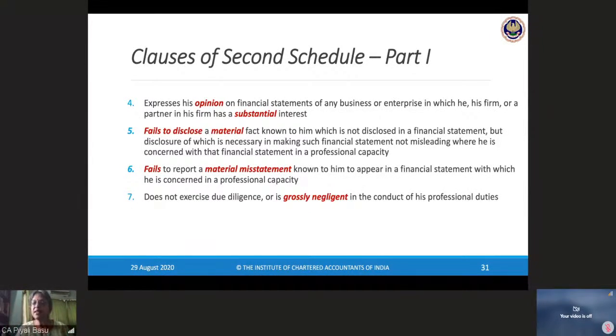And not only that, the profit of that bank is also inflated, because they didn't make enough provision, which should have gone to the debit side of the profit and loss account. So the profit is inflated, and on the other side, the asset is also inflated, with no provision against that particular asset. Hence, it is a material misstatement.